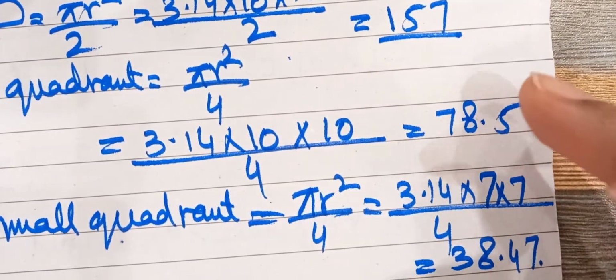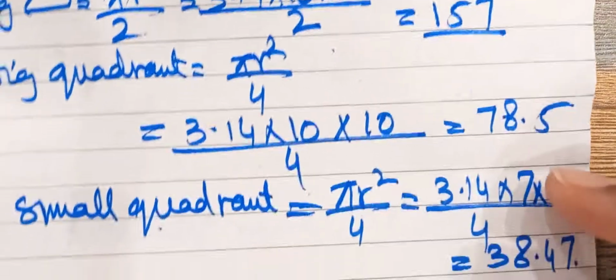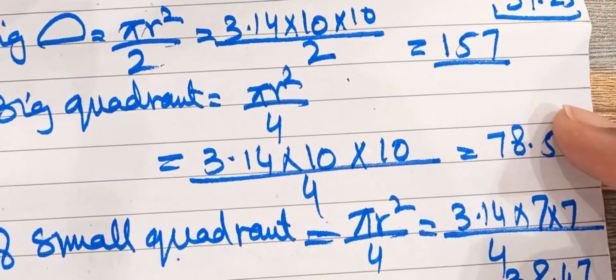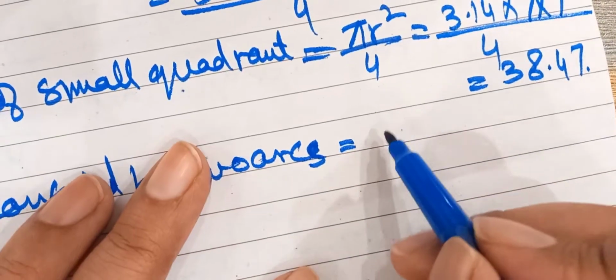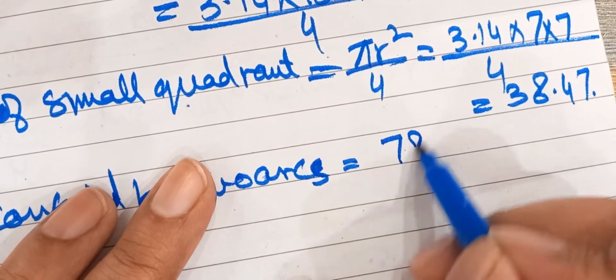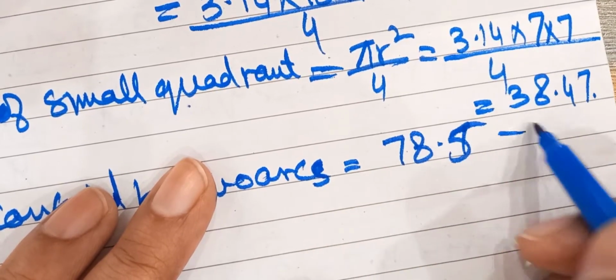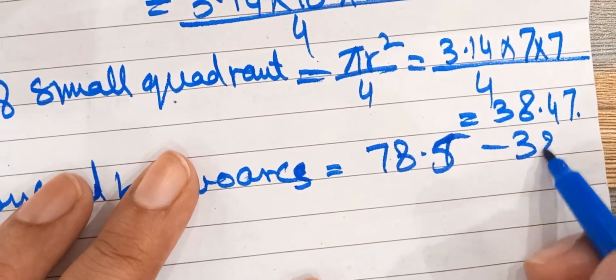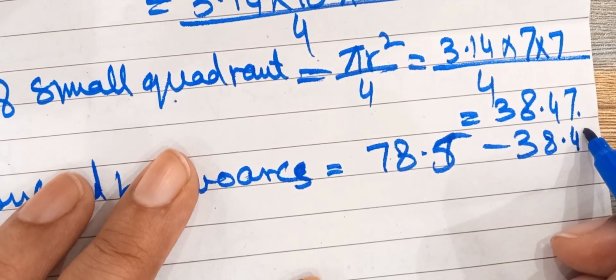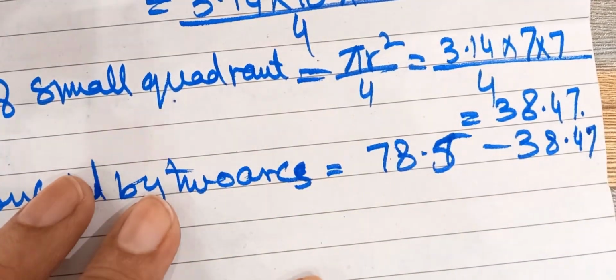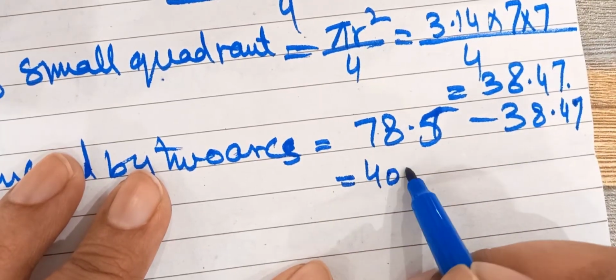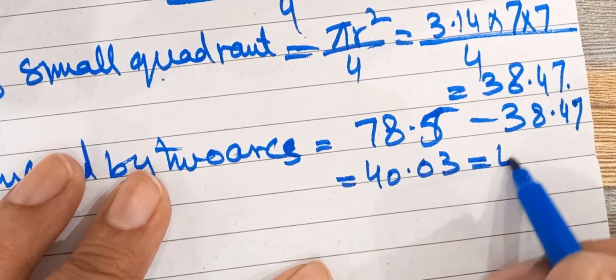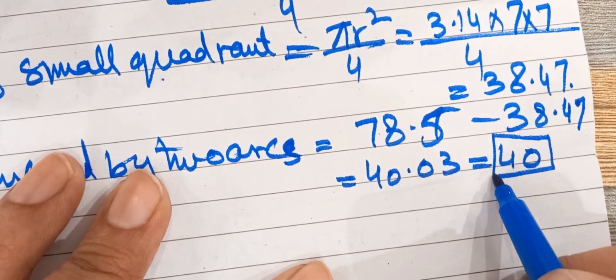I will subtract the area of small quadrant from the area of big quadrant and will get the area of this place, and this is equivalent to 40.03 or 40. I'll take it as 40.